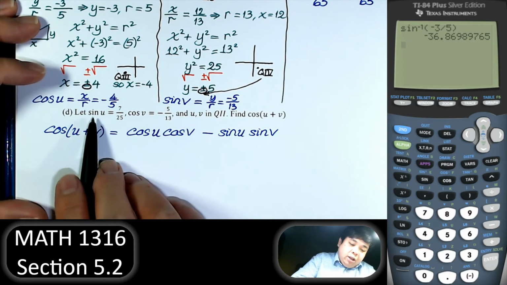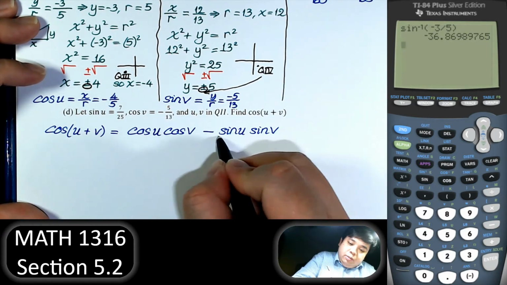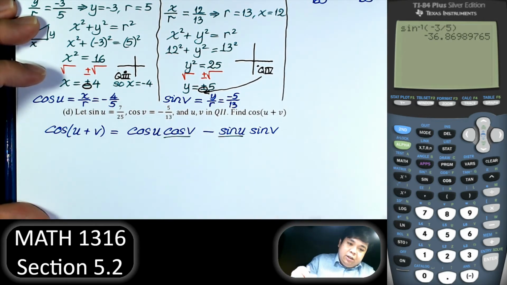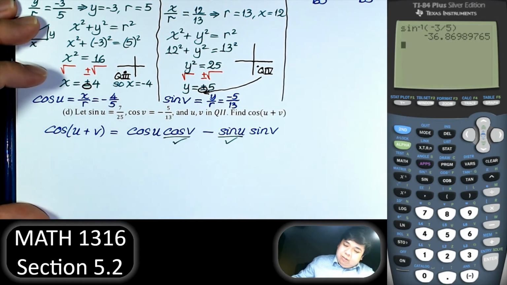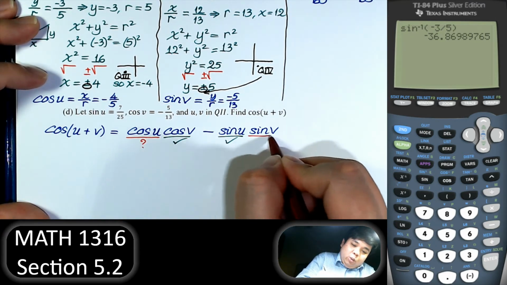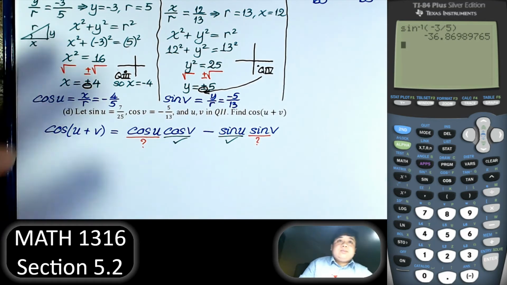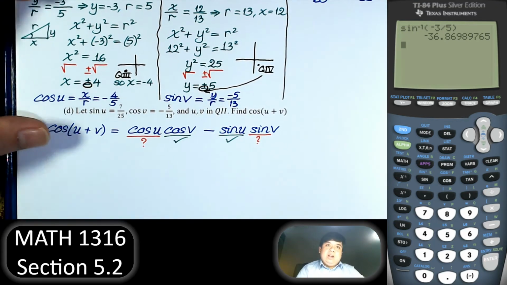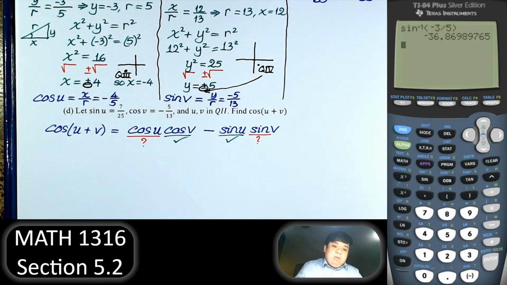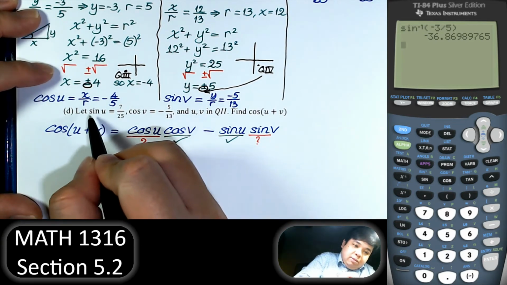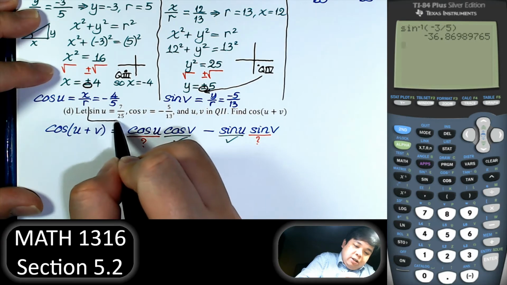We know sine of u and cosine of v. We don't know cosine u and sine v. That's perfectly fine. We do the same thing as we did before, and we can find those values. Alright.